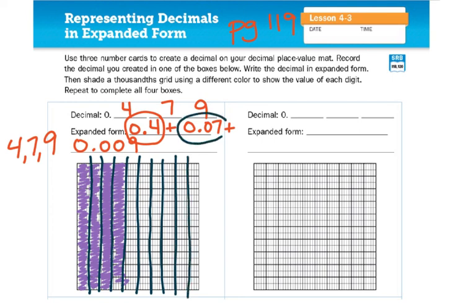Now I'm going to look at the 700ths. So there's 100 of these larger boxes. 1, 2, 3, 4, 5, 6, 7. And then lastly, 9 thousandths. So 1, 2, 3, 4, 5, 6, 7, 8, 9.